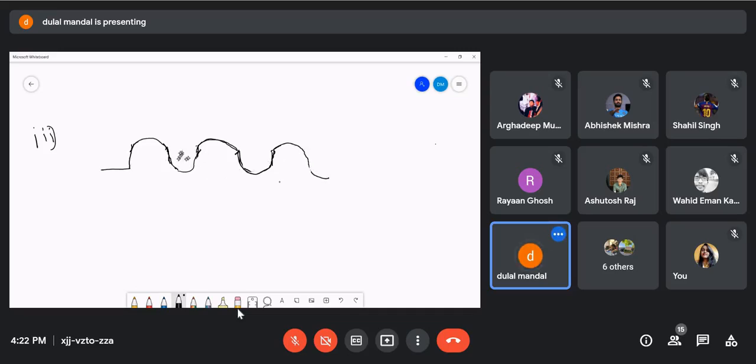Okay, this is your knuckle thread. This is the knuckle thread.